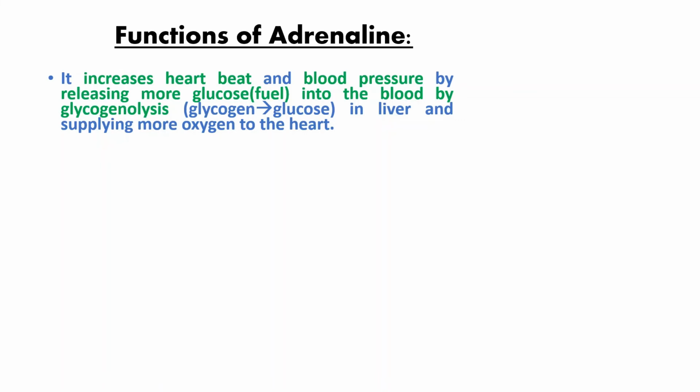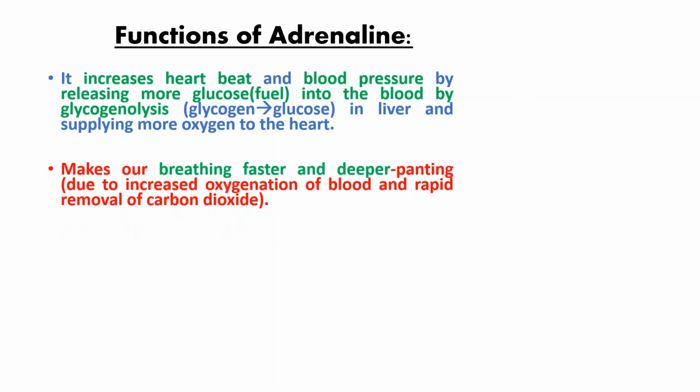This glucose acts as the fuel of your body and helps to produce more energy and supplies more oxygen to your heart. That is why your heartbeat gets increased and your blood pressure also gets increased. And for the similar reason, you breathe faster, your breathing becomes deeper, and you start panting.